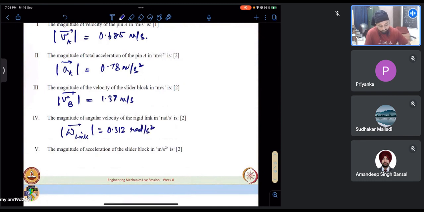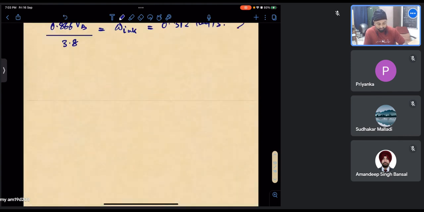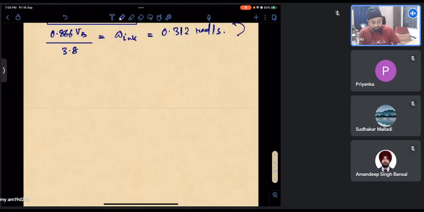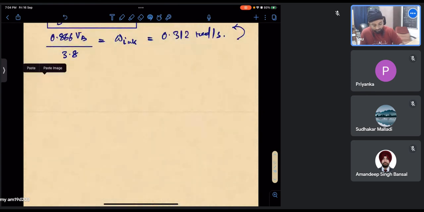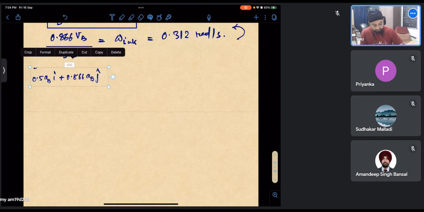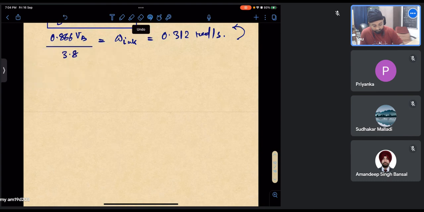Now the magnitude of acceleration of the block is asked. We can do a similar exercise. We have the expression here. Just copy that. Let me do it in the next page.